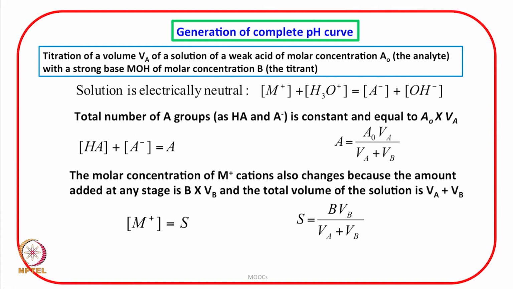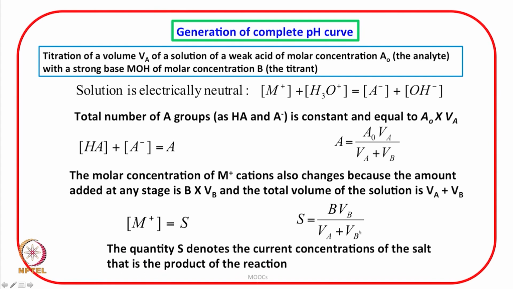The point to be noted in this discussion is that we are writing M plus equal to S, S is the concentration of salt formed, which will be equal to the amount of cations given by the base, and this S is equal to B times VB over VA plus VB by the same arguments that we discussed earlier. And this quantity S denotes the current concentration of the salt, that is the product of the reaction.